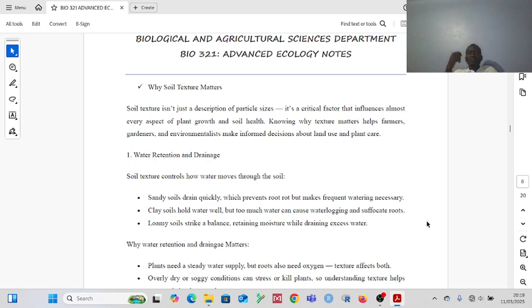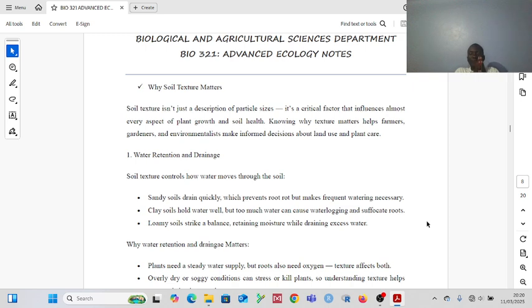But now, why is it important for us to understand soil texture? Why does soil texture matter? While through soil texture we've been describing the size of these soil particles, it is among the most critical factors which will influence every aspect of plant growth and soil health.